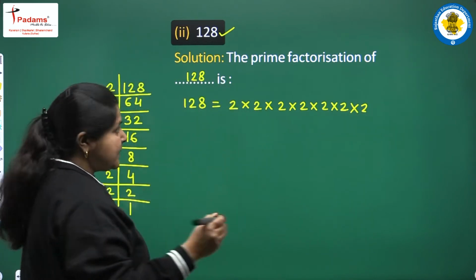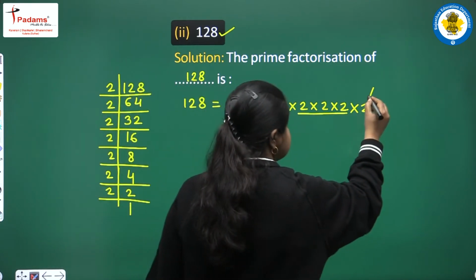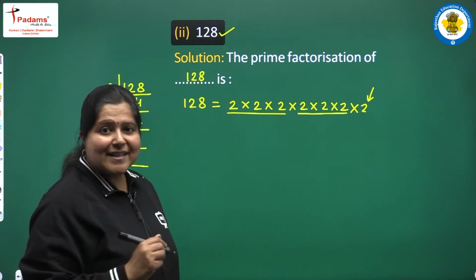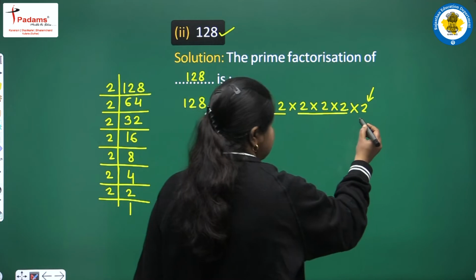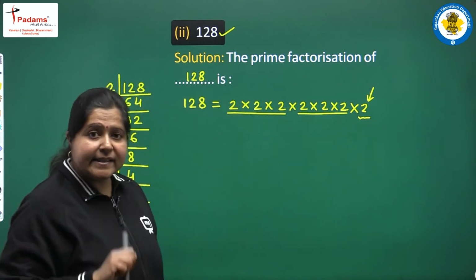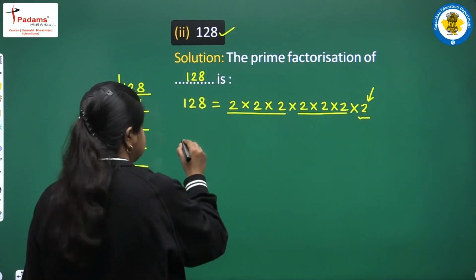Now we form the triplets. ये हो गया first, ये हो गया second and now this 2 is left out. So is this number a perfect cube? Obviously not, क्योंकि यहाँ पर इस फैक्टर का ट्रिपलेट नहीं बन पा रहा है, इसलिए ये नंबर एक परफेक्ट क्यूब नंबर नहीं है. We write it here.